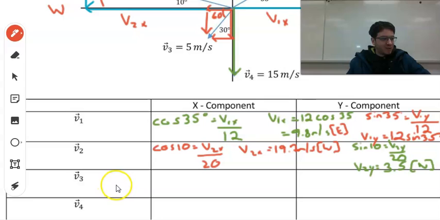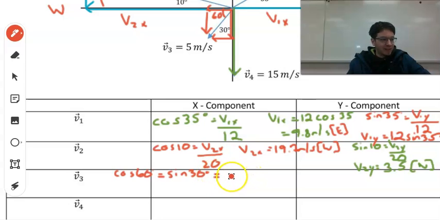It doesn't really matter which I use. If I use cos of 60, that is the exact same thing as writing the sine of 30. Okay, you just need to be aware of which triangle and which angle you're using to solve for your components.